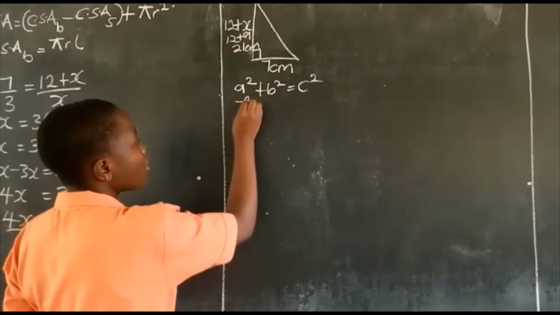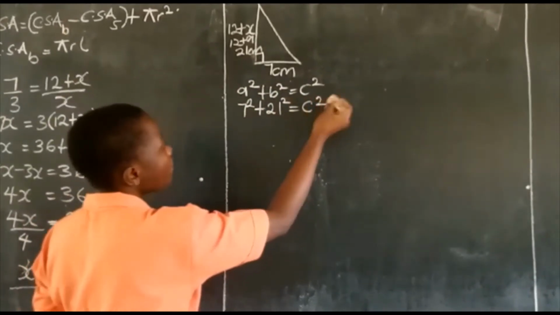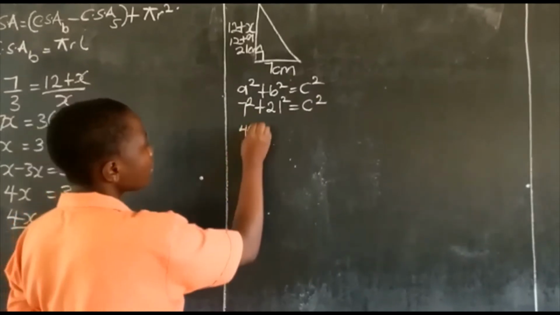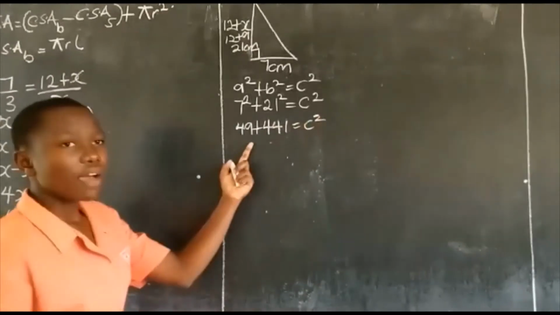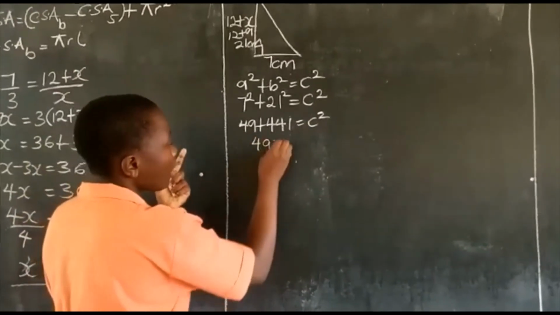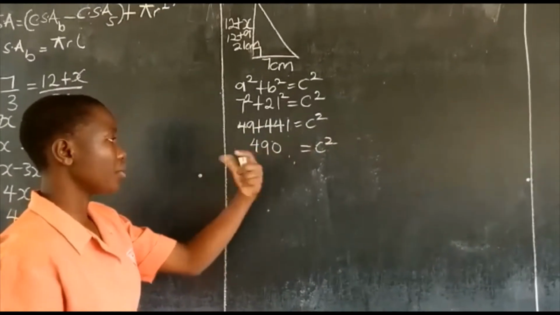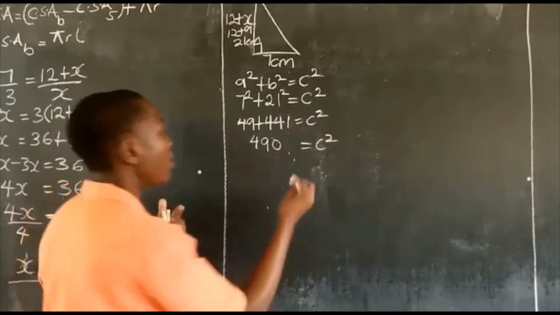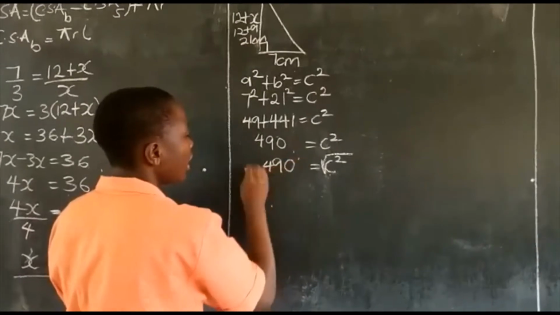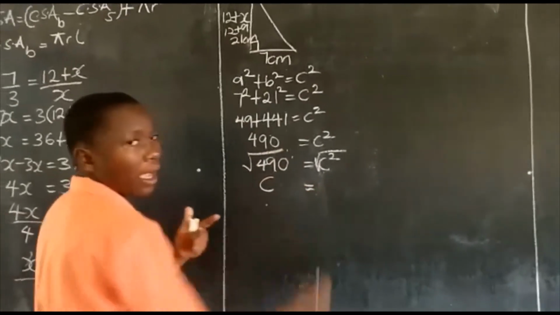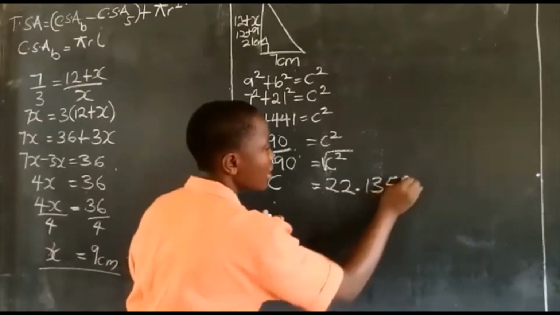So 7 squared plus 21 squared is equal to c squared. We shall have 49 plus 441 is equal to c squared, and we shall have 490 is equal to c squared. To find the value of c, we shall place square roots on both sides so that we can eliminate the square on c. So it will be the square root of c squared is equal to the square root of 490. Our c will be 22.1359 centimeters.